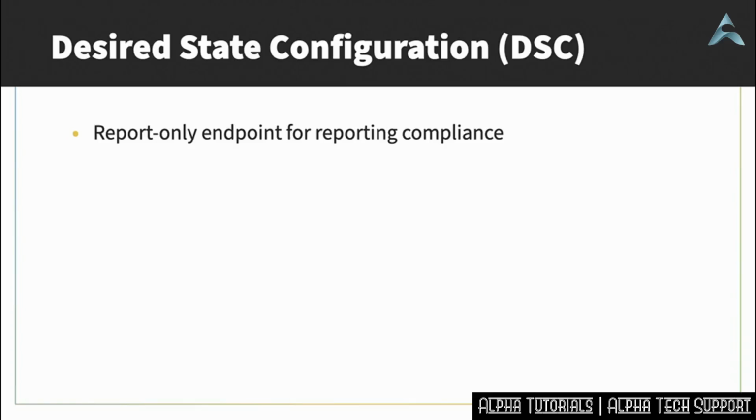In case there are restrictions or any other organizational dependencies or policies where you do not wish to manage state configuration in the cloud, you can still use Azure Automation State Configuration as a report-only endpoint. In this case, you can use Azure Automation State Configuration to check and report the compliance status of the workloads. This feature allows you to set the configurations through desired state configuration and view the reporting details in Azure Automation.